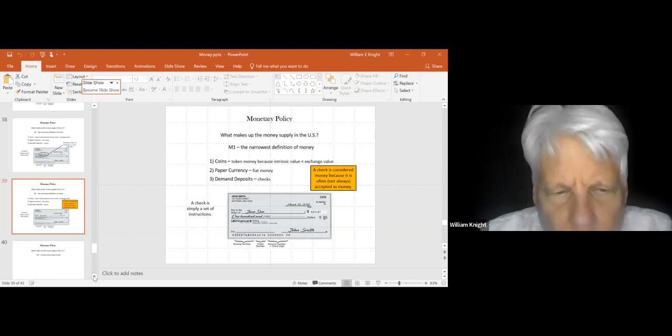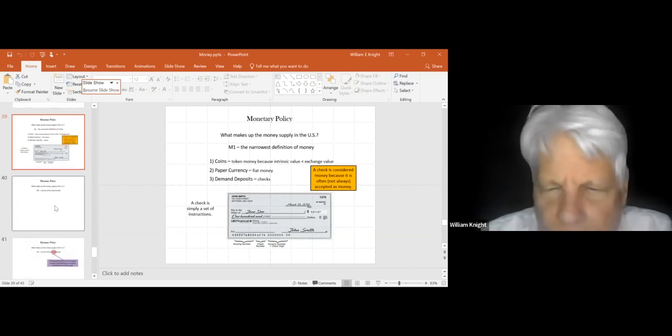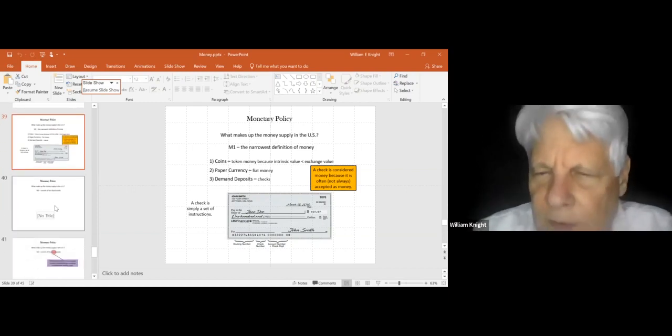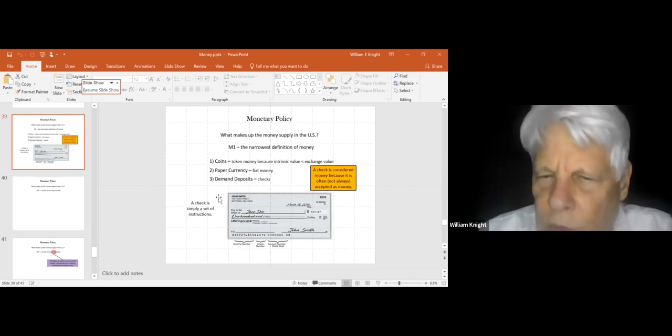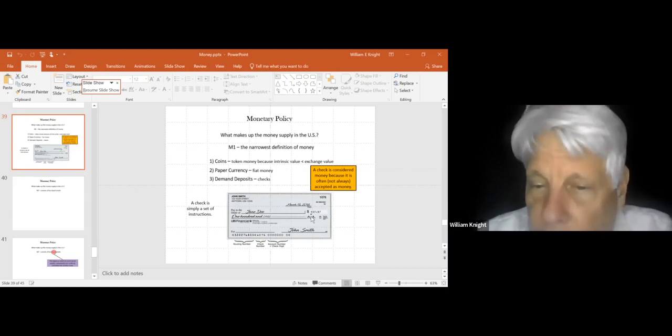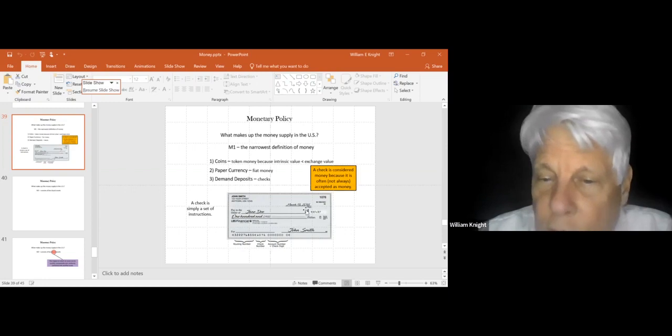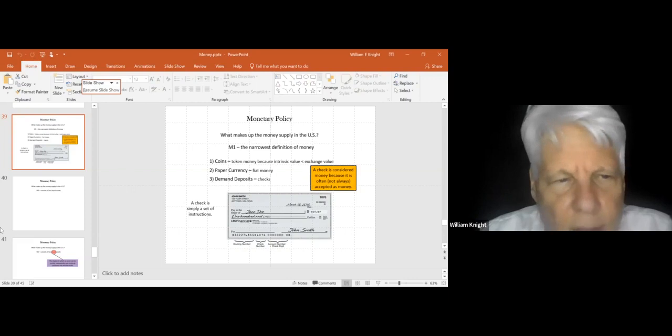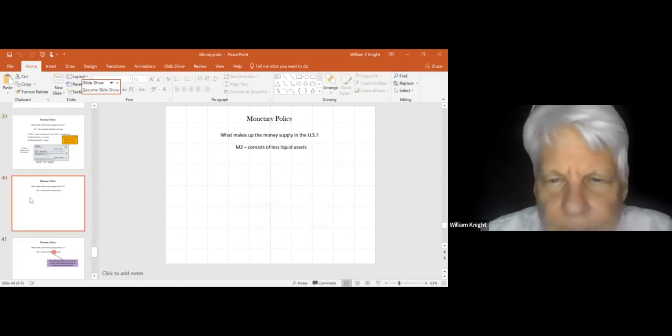The government issued money is not backed by a physical asset. It's backed by confidence in the government's ability to enforce its laws, the law that says you must accept it. This bank issued money is made acceptable by the fact that it is backed by something. It is backed by government issued money. You can take this set of instructions right here to the bank and exchange it for government issued money.